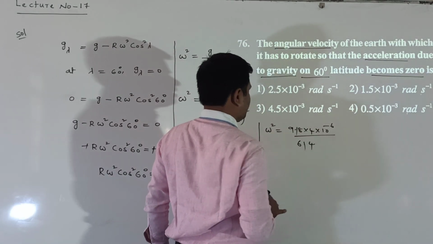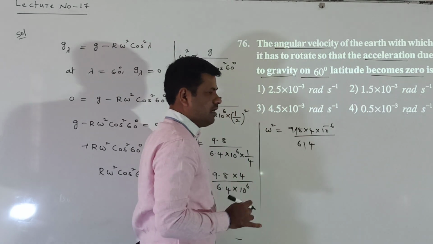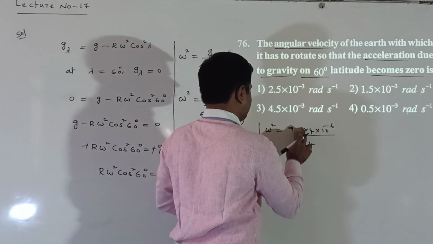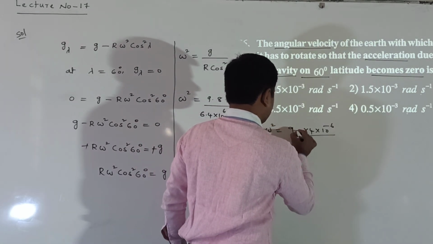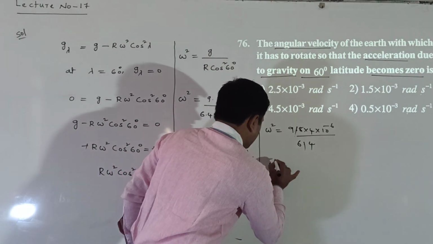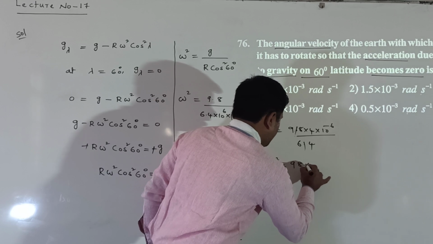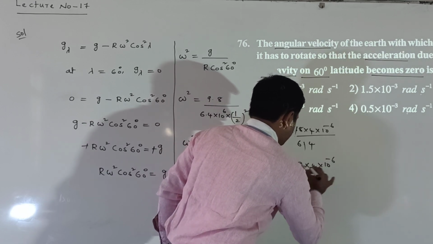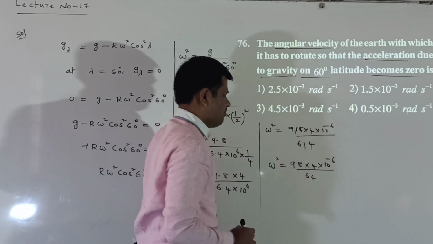Here the decimal points get cancelled, and the remaining is omega square equal to 98 into 4 into 10 power of minus 6 by 64.